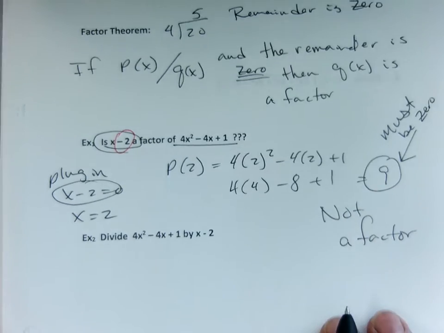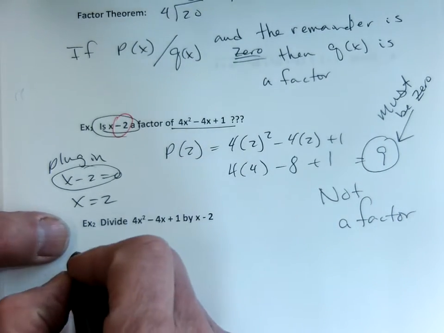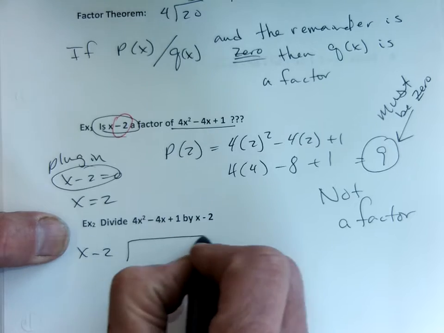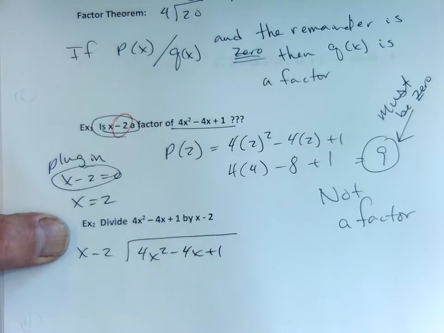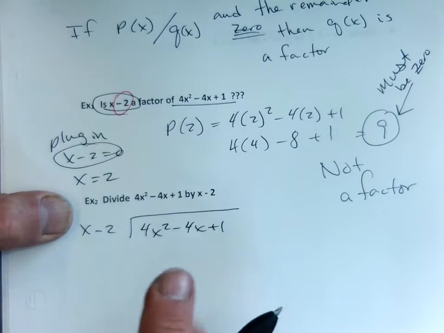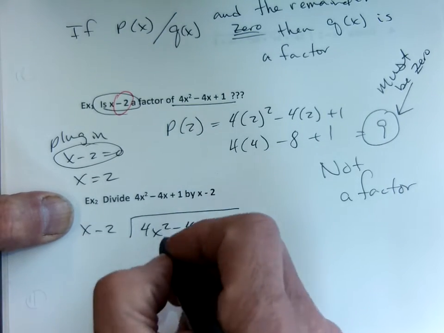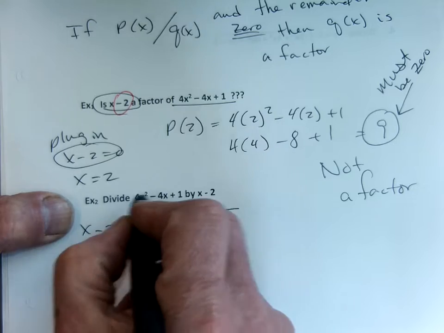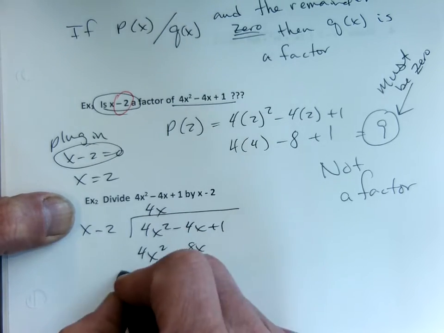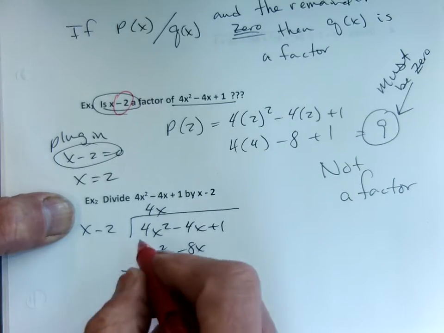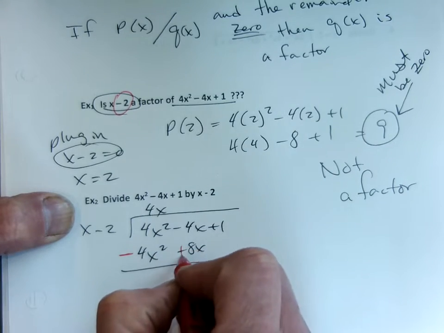Okay? So now, let's divide it. If I really go x minus 2 into 4x squared minus 4x plus 1, I'm just going to divide it. X goes into 4x squared 4x times. I multiply. I get a 4x squared minus an 8x. I subtract, so I have to subtract a negative.